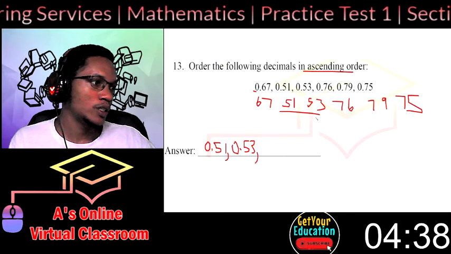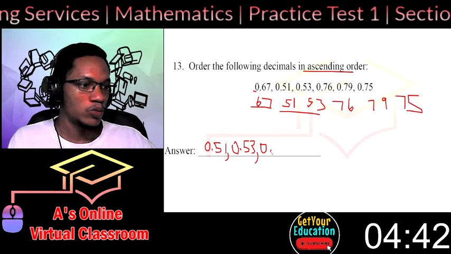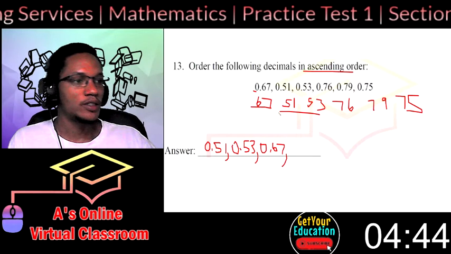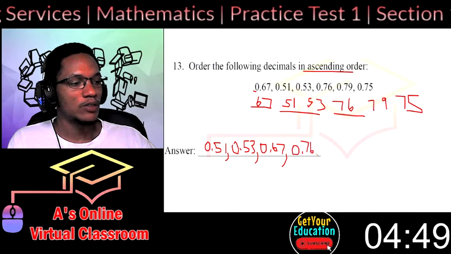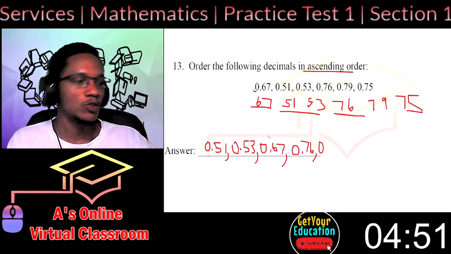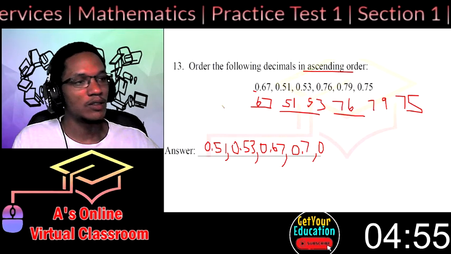After 53, I am seeing 67, 0.67. After 67, I am seeing 76. After 76, I'm seeing 70. Nope. Not 76. After 67, I'm seeing 75.